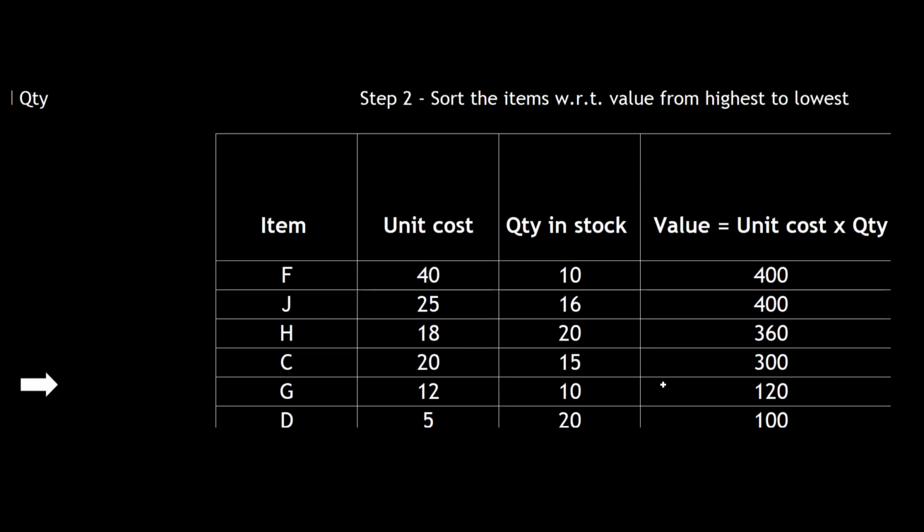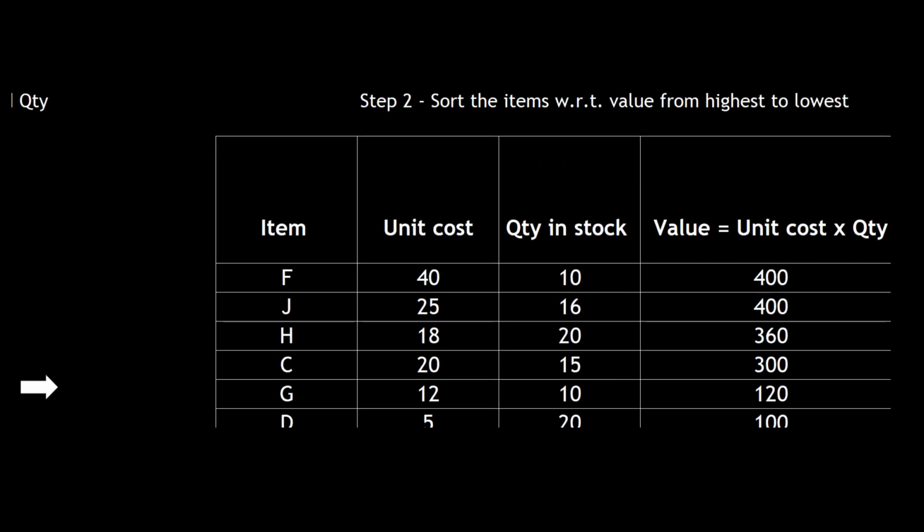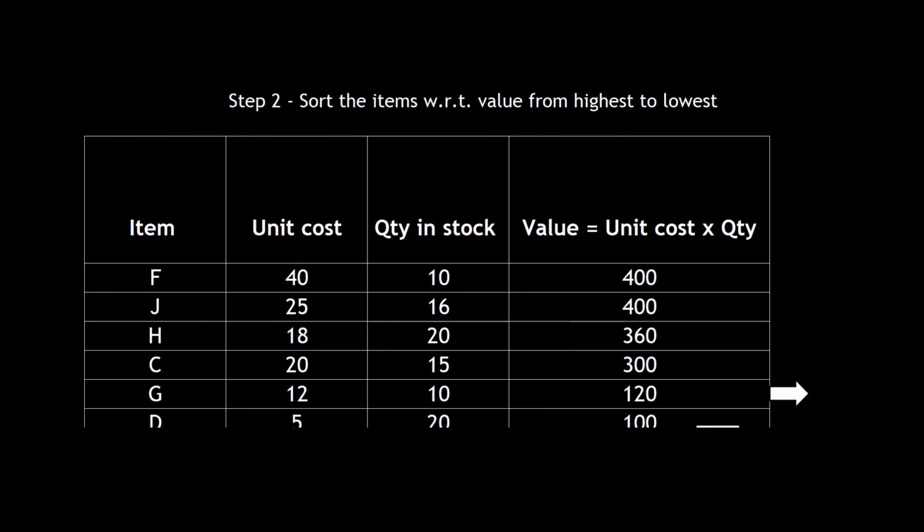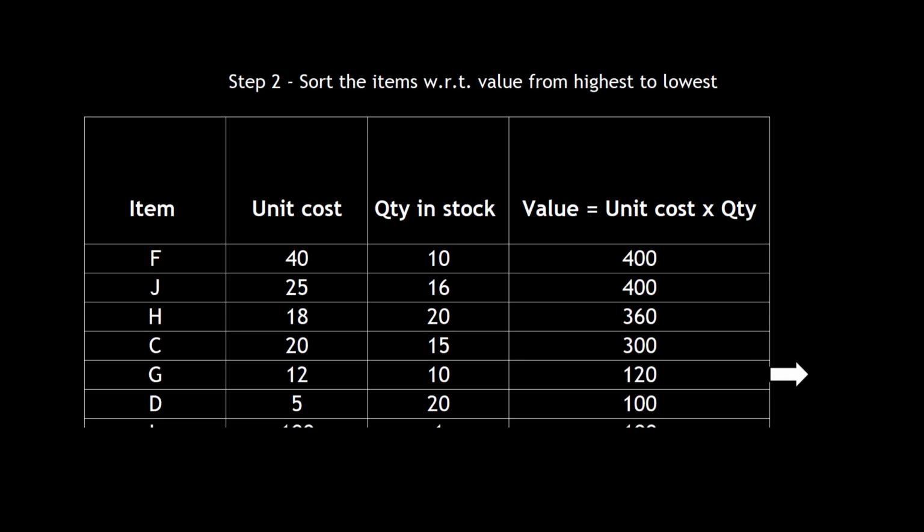The second step is to sort the entire list of items with respect to the value which we have just calculated, from highest to lowest. In Excel you can use the sort command, but if you are solving it manually, you have to be careful so that the items with the highest total value, in this last column, come on the top.